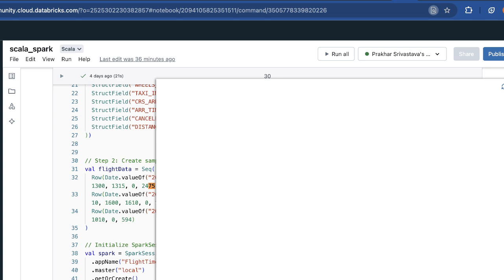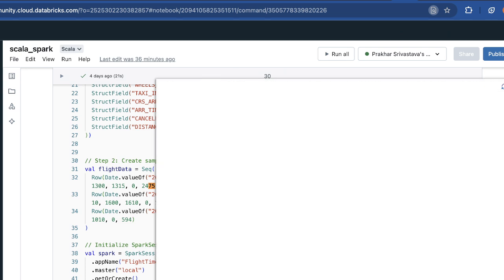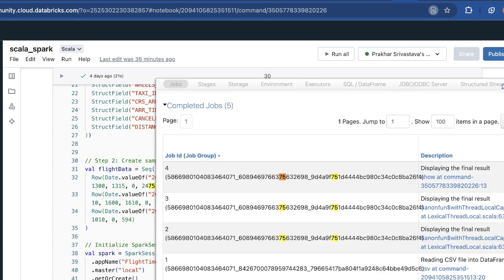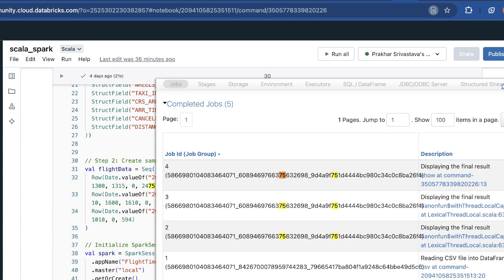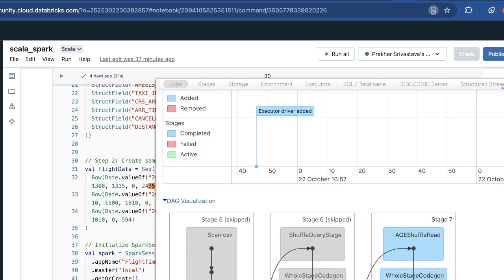Let me go back to the last job. In this AQE-enabled run, what we have seen is the shuffle query stage. The last job is doing the same thing, AQE shuffle read.